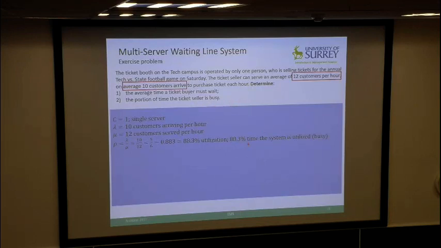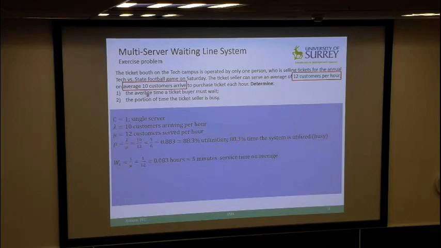So this is 88.3% of the time the ticket seller is busy. Another format is the portion of time the ticket seller is not busy, or idle. For that we use 1 minus 88.3%, which is the percentage of time he's idle on average. These are the two formats of the question, but roughly the same thing.